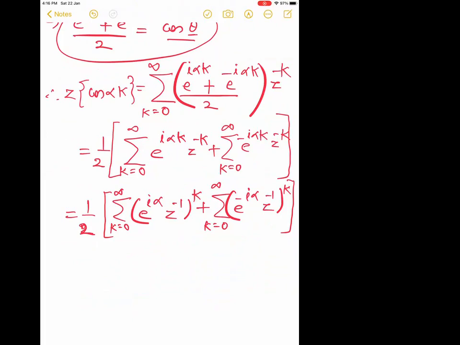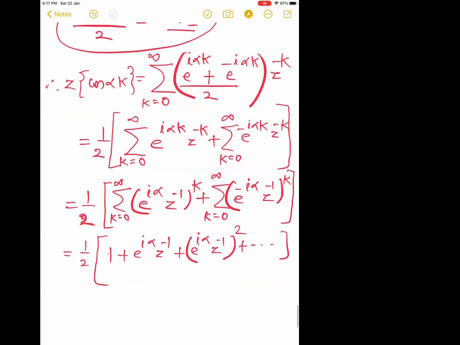Okay. And as you can see once again, if you put k equal to 0 in both the summations, they again form a geometric series. If I put k equal to 0 here, the first term is 1. Second term, k equal to 1, means e raised to i alpha z raised to minus 1, then e raised to i alpha z raised to minus 1 squared, and so on.